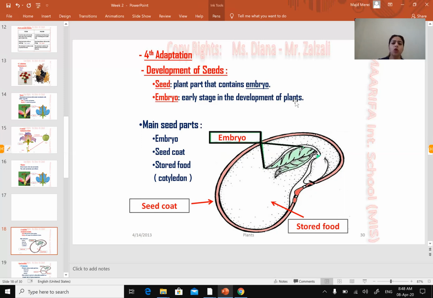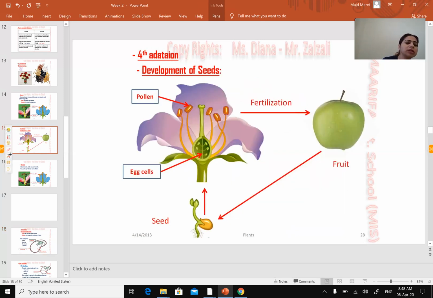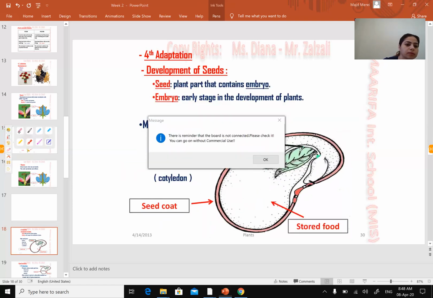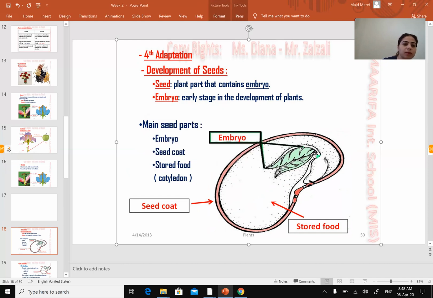The first one, which is the outermost layer, the outermost layer, the seed coat.